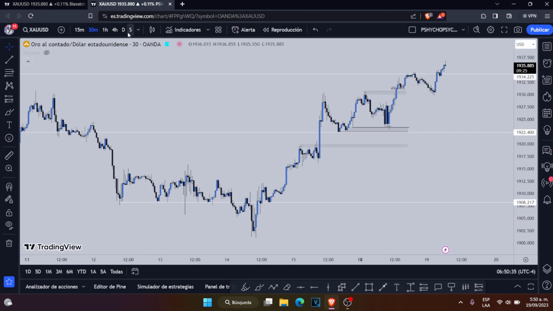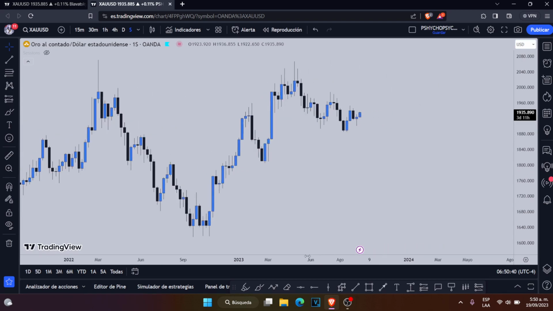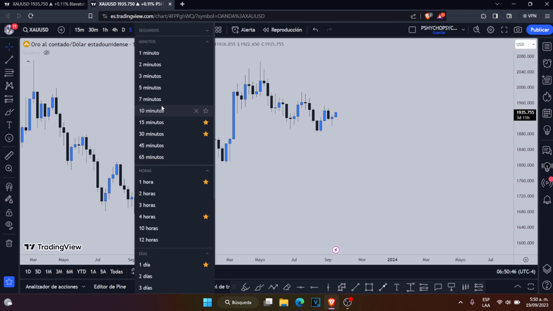Okay, let's break down gold. I have a few updates. First, I deleted some of my time frames. I want to focus on higher time frames to take my entries.